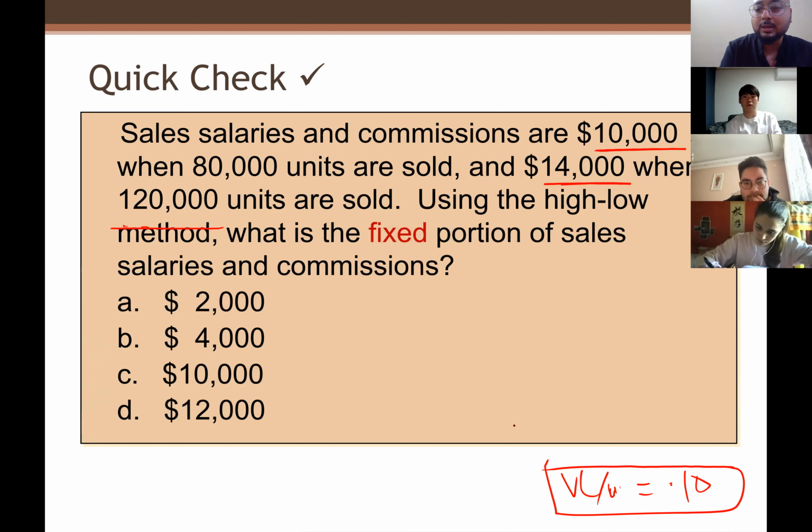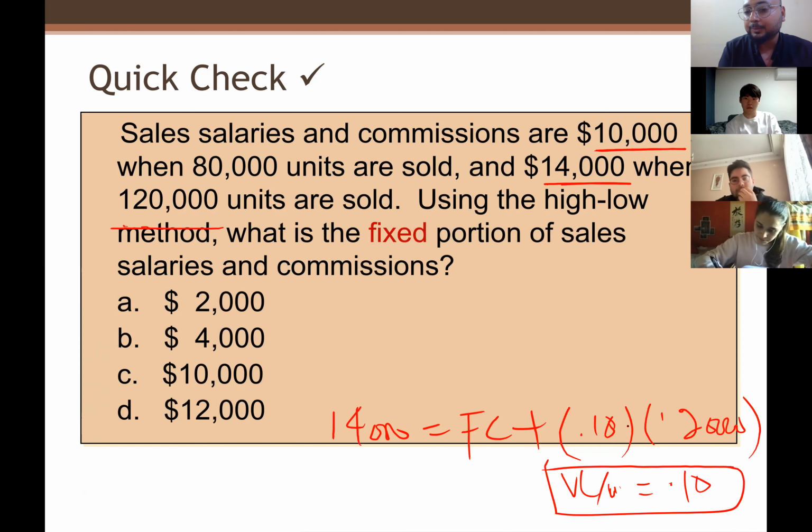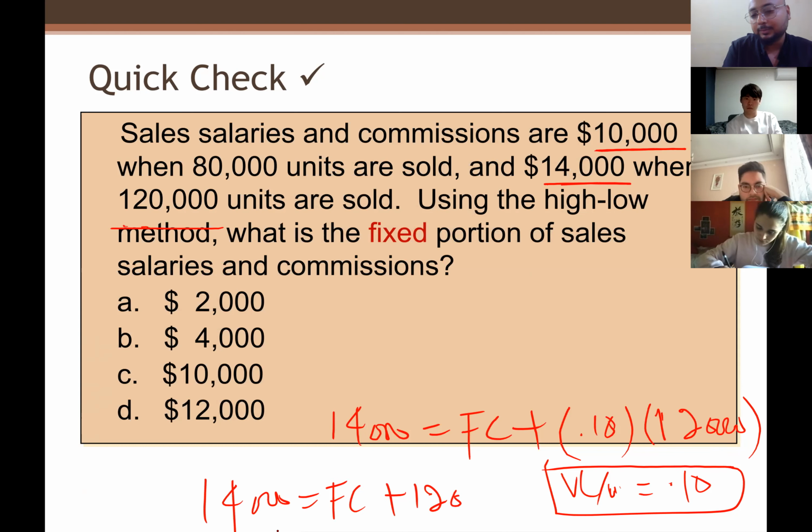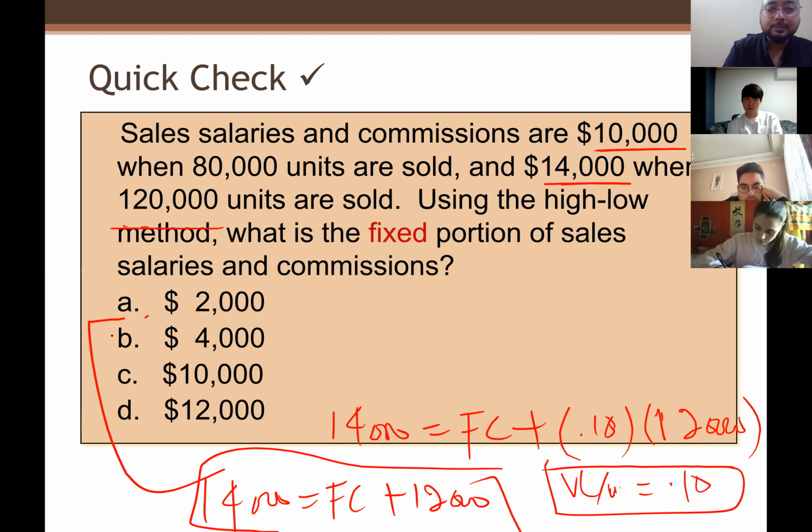So 14,000 total cost is equal to fixed cost plus 0.10 into units or 120,000. So 14,000 is equal to fixed cost plus 12,000. To rearrange it, answer is going to be A, Coco, right? Good.